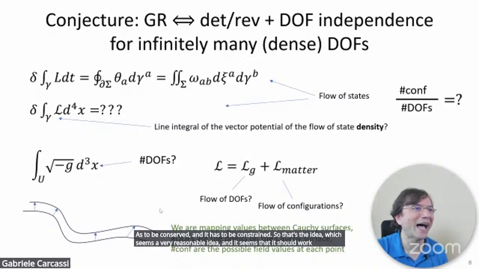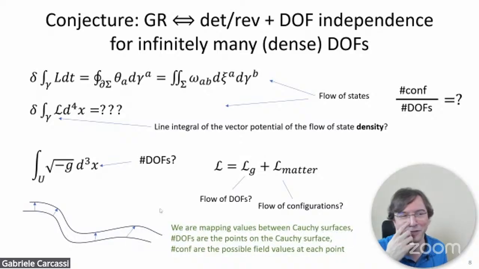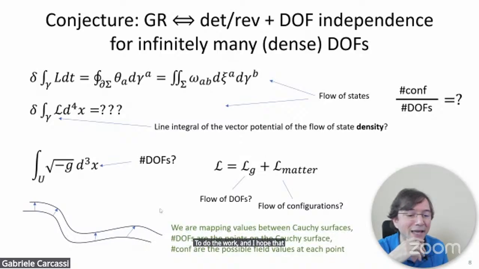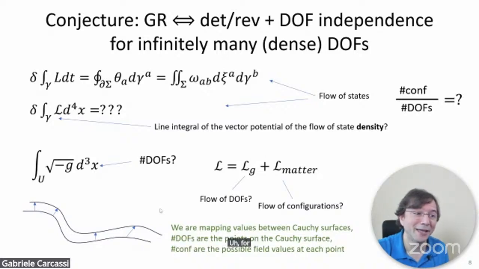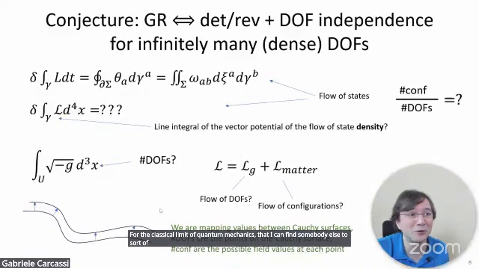And of course, I don't know enough about field theory in a symplectic formulation and how to put information theory and all this together to be able to do the work. And I hope that it can happen like it happened for the classical limit of quantum mechanics, that I can find somebody else to complement me, because again, going through the literature for all of this by yourself takes forever.